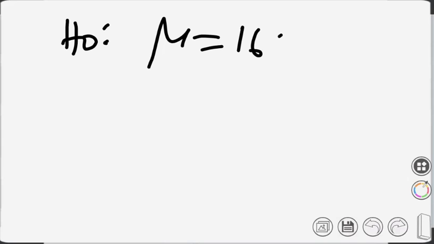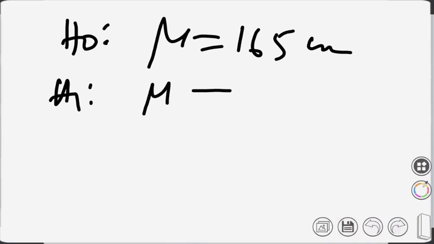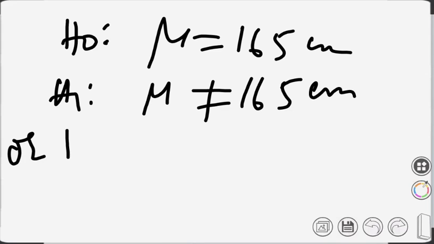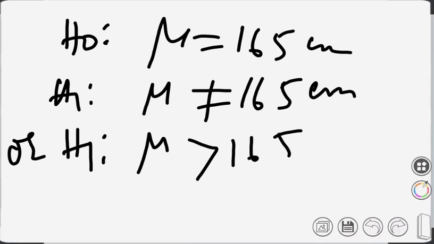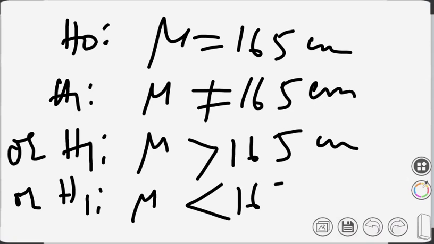Now please understand, we have written the null hypothesis, just for example, as mu equals 165 centimeter. Now the alternative hypothesis can be written either as mu not equal to 165 centimeter, or as mu greater than 165 centimeter, or as mu less than 165 centimeters.